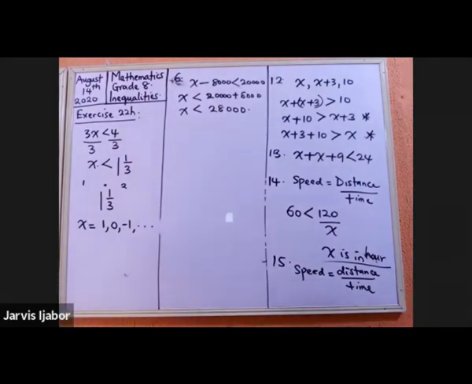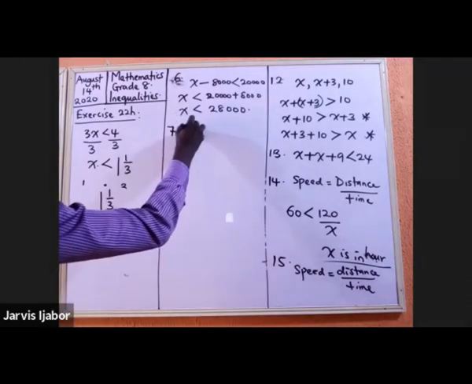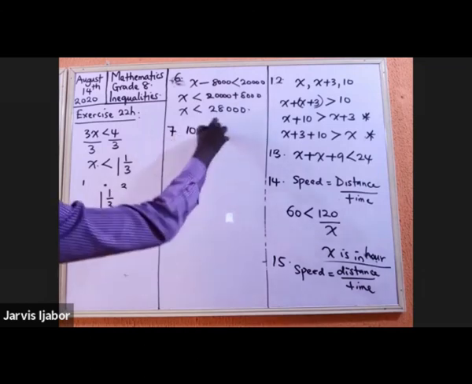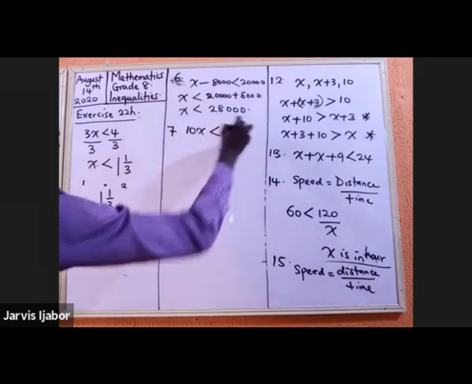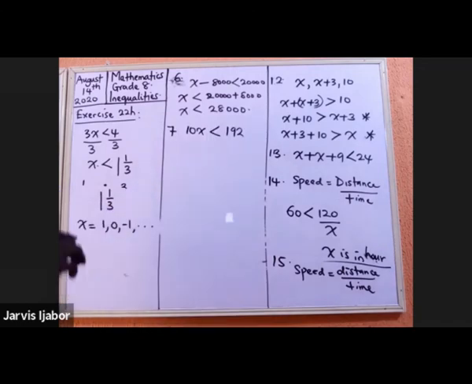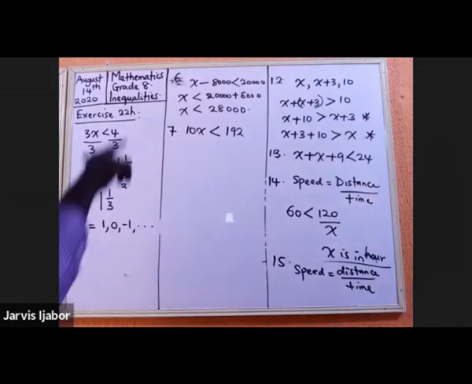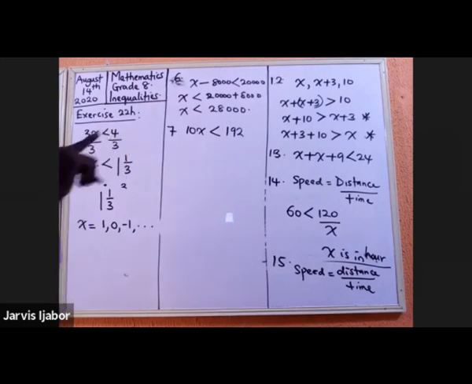Now question 7. A book contains 192 pages. A boy reads x complete pages every day. If he has not finished the book after 10 days, find the highest possible value of x. So let's look at question 7. It means that 10x, 10 times the number of days, must be less than 192. You see what I was telling you, that if you're dealing with greater and less than, you'll be considering the highest possible value.